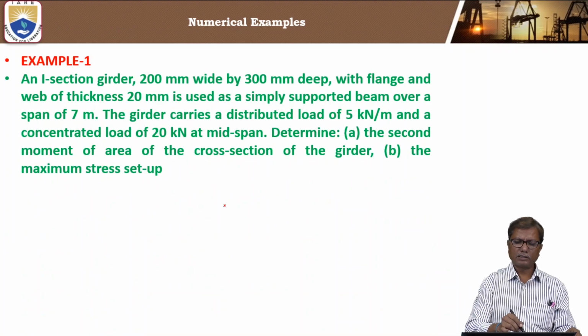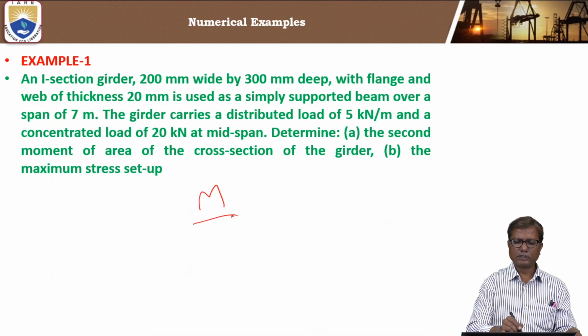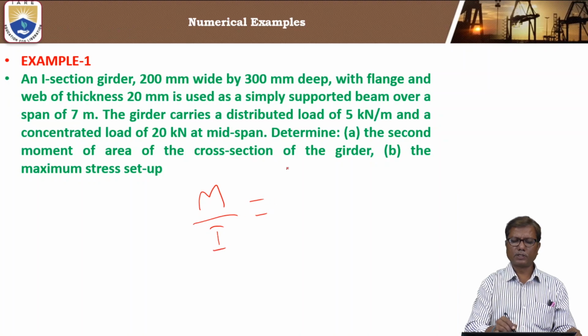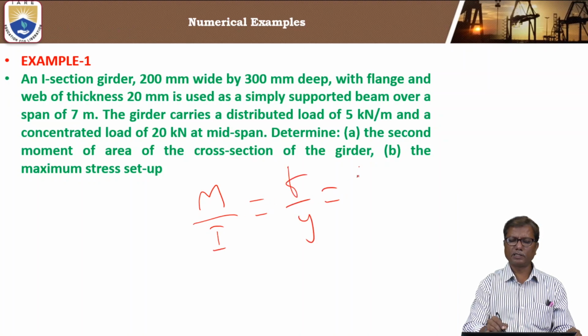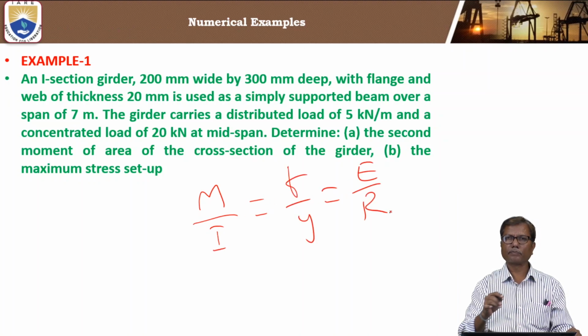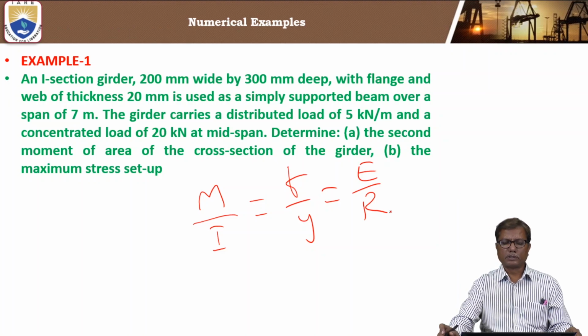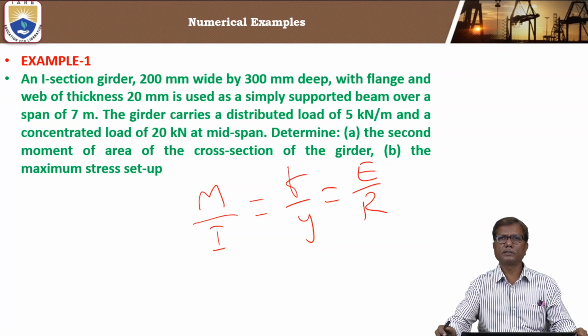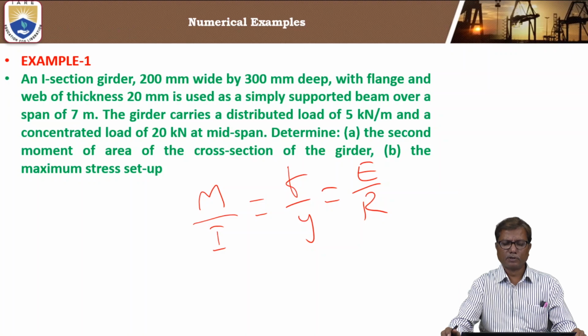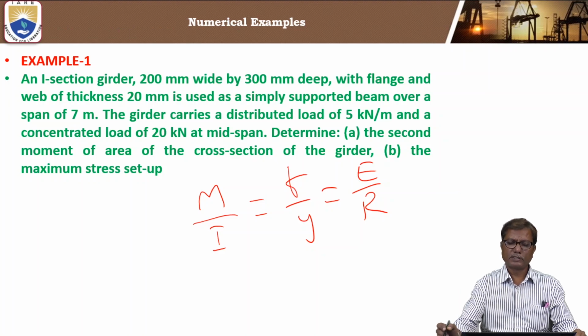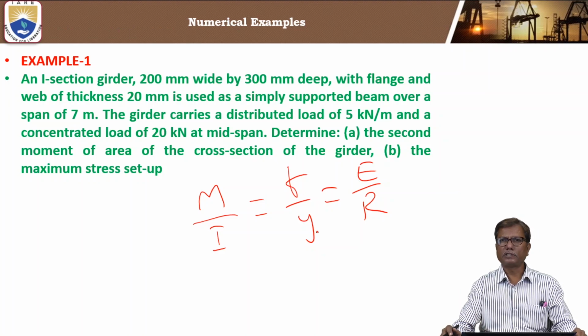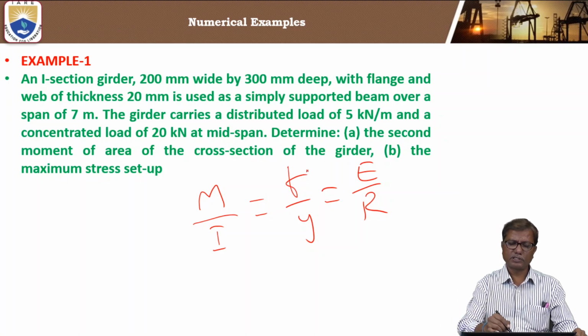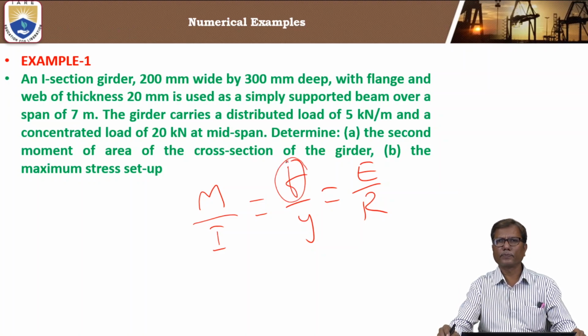The bending theory, which is M by I equal to f by y equal to E by R, in which M is the bending moment at any section, I is the moment of inertia or second moment of area, f the bending stress, and y the distance of layer at which the stress is f.